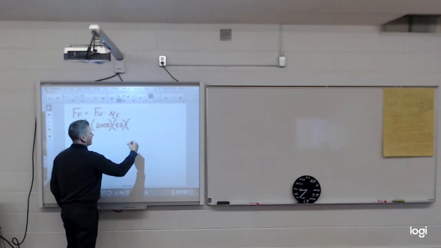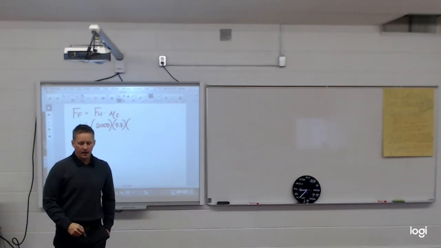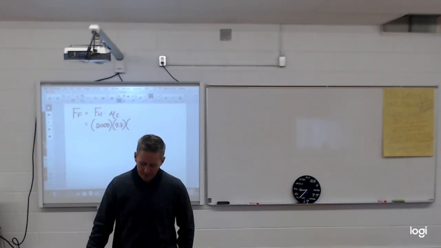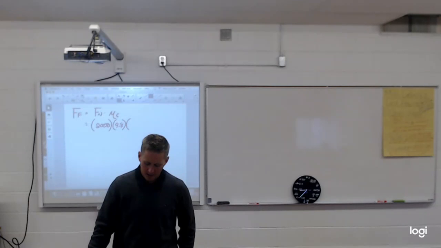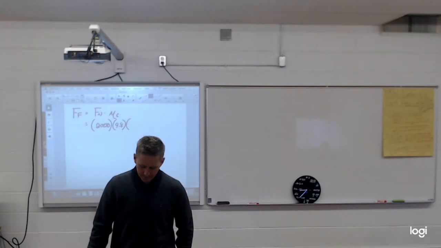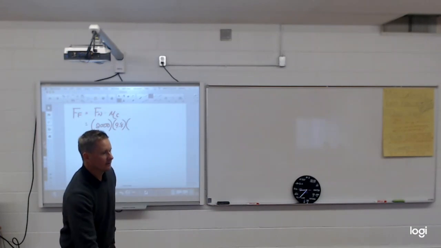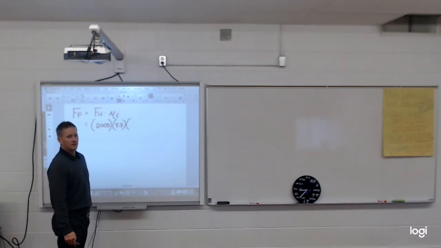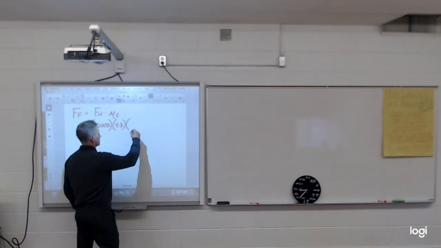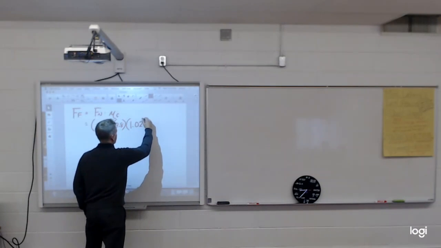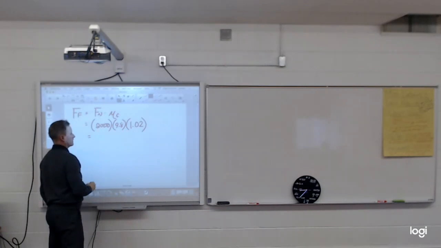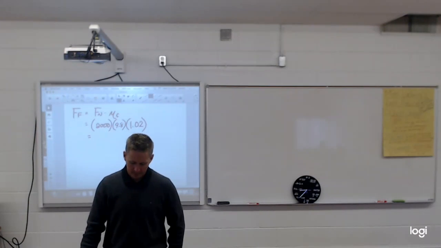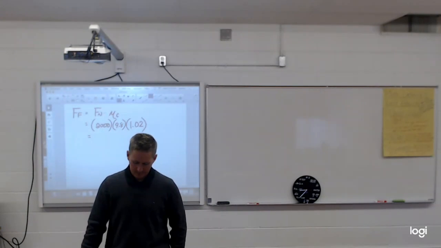Now I have to go back to my chart and find the coefficient of friction between rubber and dry concrete, as if it's doing some driving. So what is it? 1.02. And you multiply those all together, and you'll get the force of friction of a car resting.